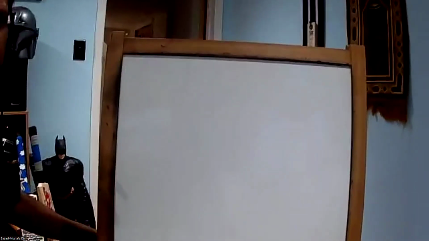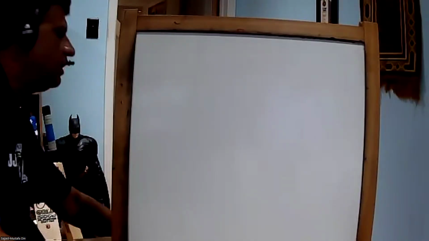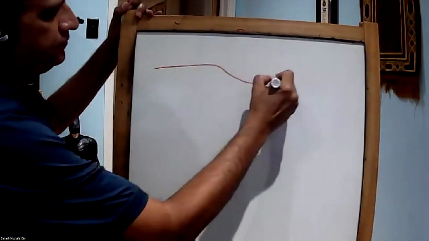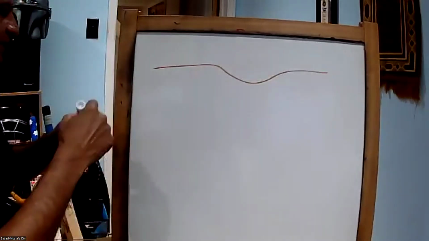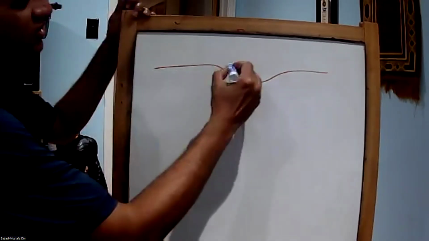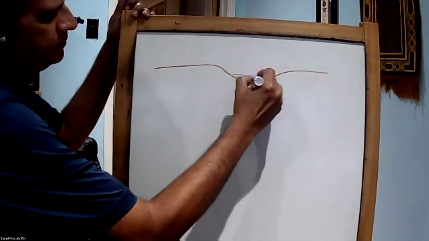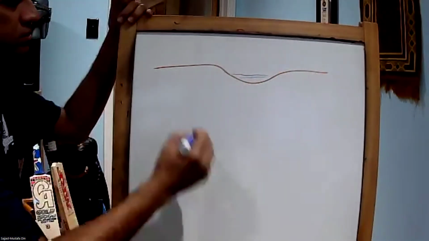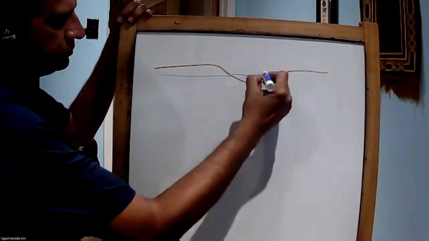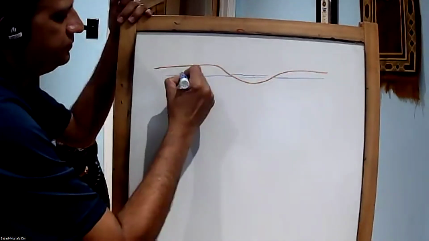If you're looking at groundwater, again, let's draw land surface. So let's say this is a stream or a lake, not really a lake, but a creek. Groundwater tends to be connected to it.